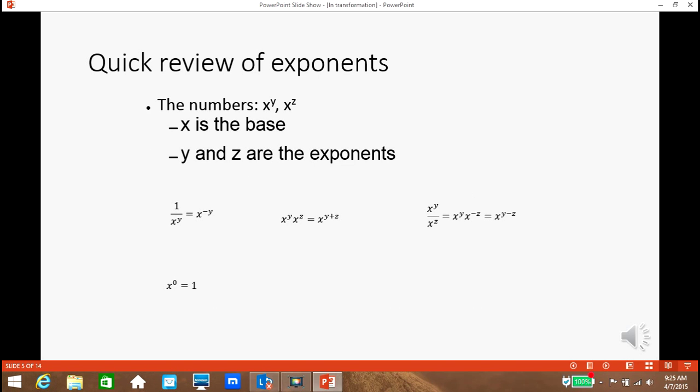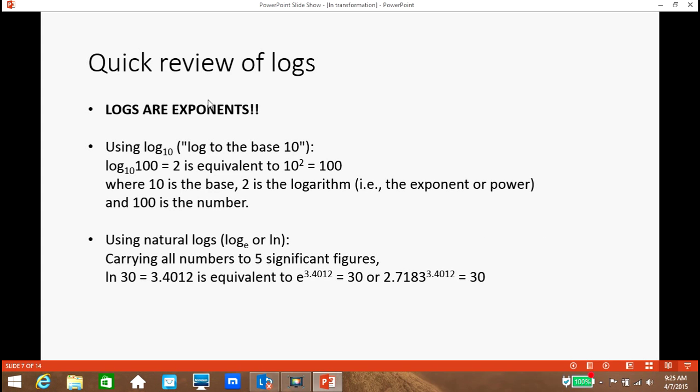Quick review of exponents as we've seen, and this is the one that we're especially going to be focused on in terms of what happens in our log transformation and what that means for interpretation. Quick review of logs. They are exponents. So we've log base 10, which you've probably seen before. Log of 100 equals 2.